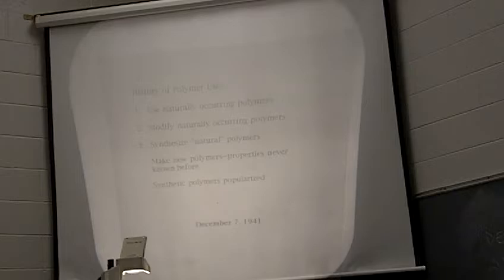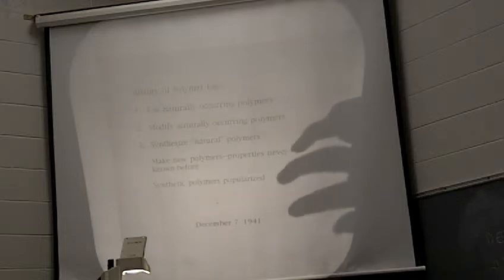Now, there have always been naturally occurring polymers, all around. We've got DNA, RNA, all sorts of naturally occurring large monomer chains throughout. But humans making them and the big polymer industry started at the start of World War II.